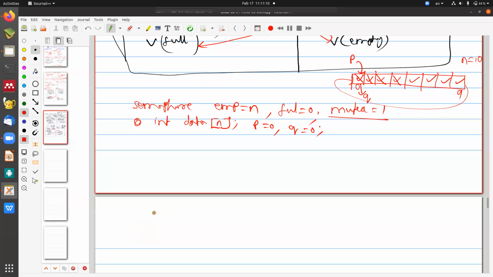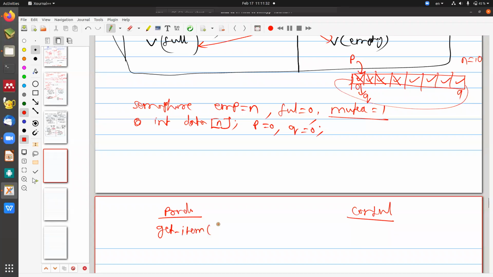Then what is the strategy? The producer first produces, and the consumer has to consume. Before the producer goes, he has to produce an item. So you can say get item, or produce item, which is an int itm, and this item has to be put.